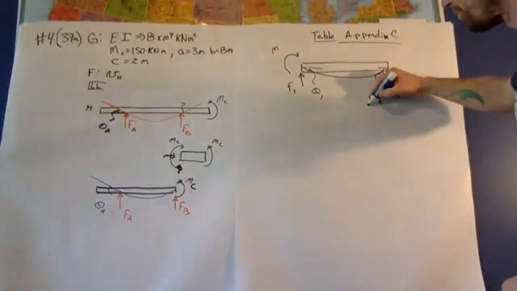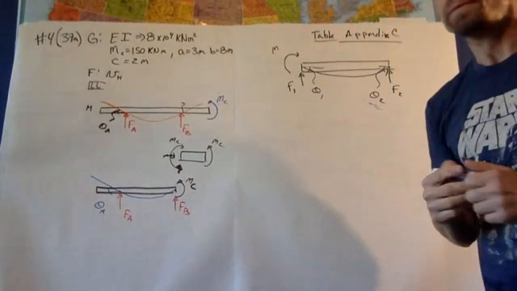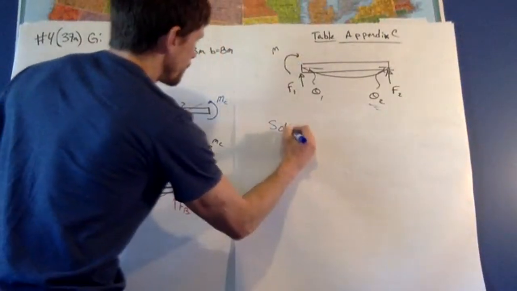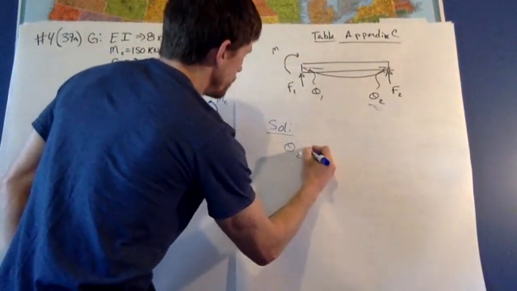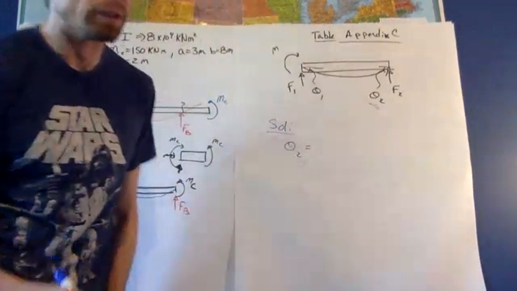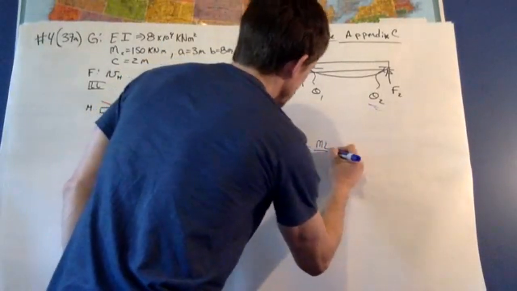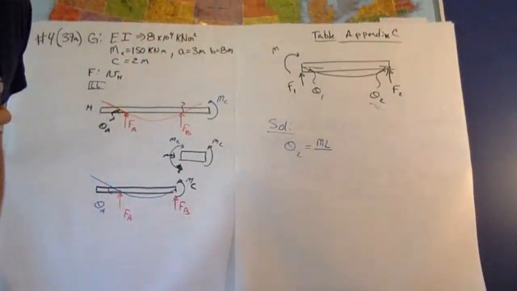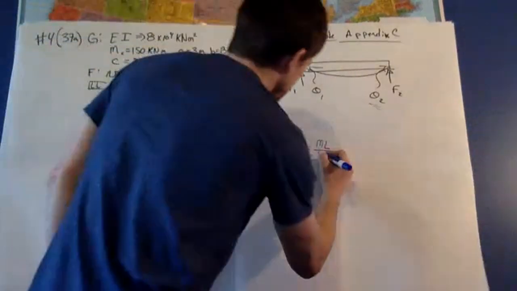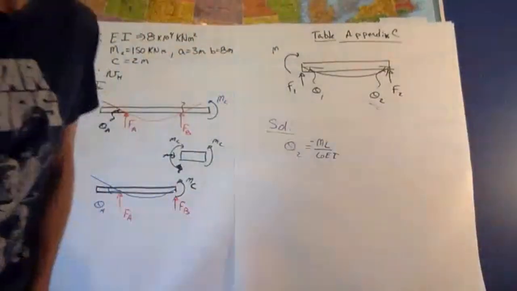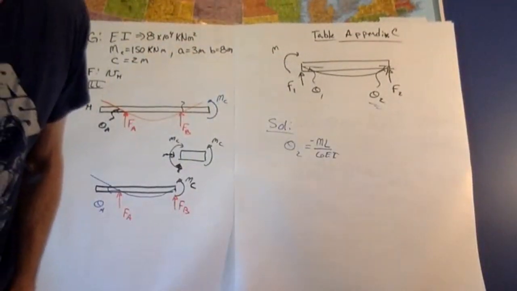This is flipped, so we're actually looking for this theta 2. We can start to solve this. Theta 2, you can read from the back of the book, the slope is equal to a moment times an L divided by 6 EI. And I think it's actually negative. No, it's positive. Sorry.